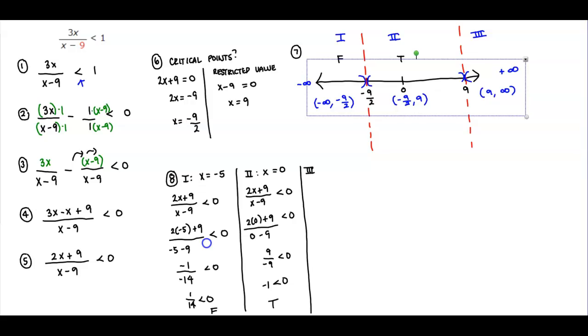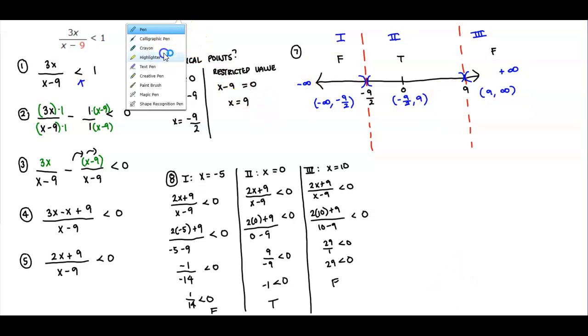Now let's look at region number 3. If we pick the value of 10, we have 2 times 10 plus 9 over 10 minus 9. 2 times 10 is 20, plus 9 is 29, over 1. Is 29 less than 0? Well, that is false.